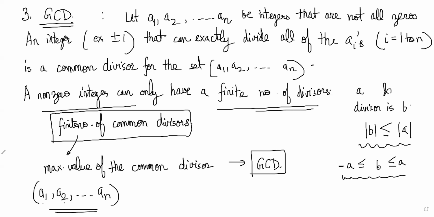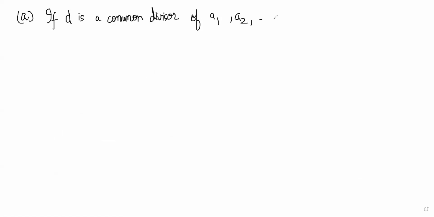Okay. So let's look at some properties of this GCD. So the first thing is, if D is a common divisor of A1, A2, AN, right?